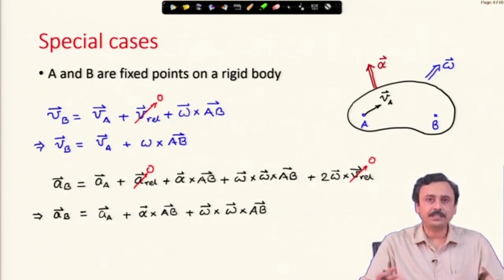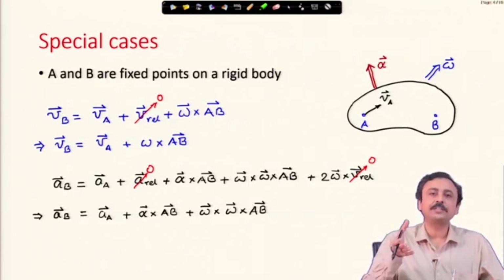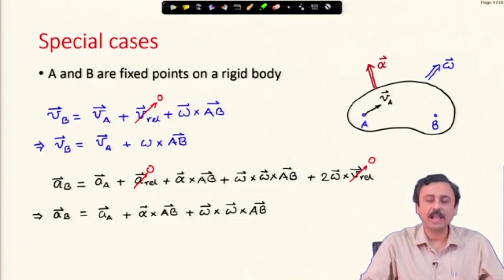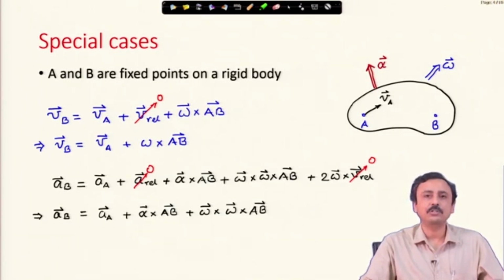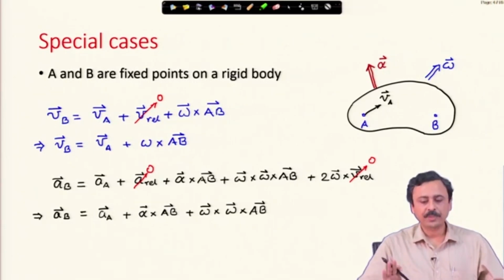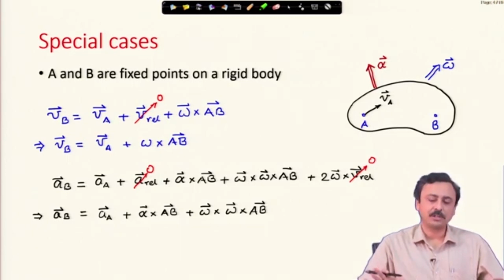But the other vectors, because of the rotation of the earth, you have change in the direction of the vector that joins you and that person. So, alpha cross AB, omega cross omega cross AB, and 2 omega cross V rel, again V rel is 0. So, that term also drops out. Therefore, for 2 points on the rigid body, the acceleration relation also simplifies.